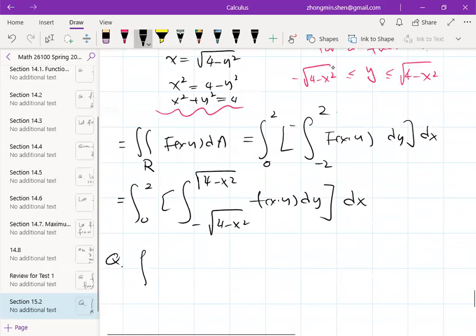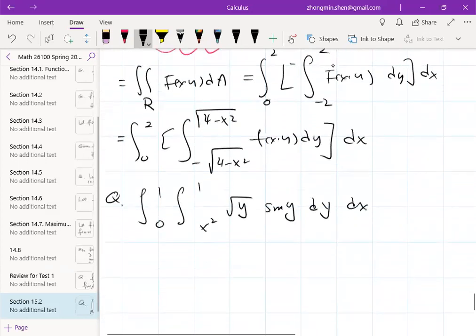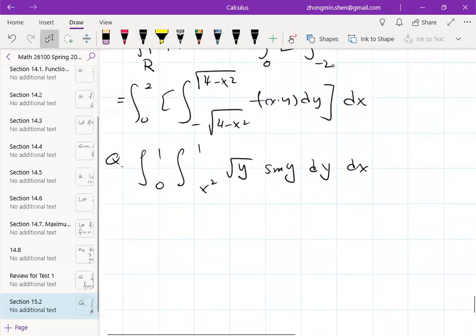Okay, let's look at this problem. I'm going to interchange the order of the integration.